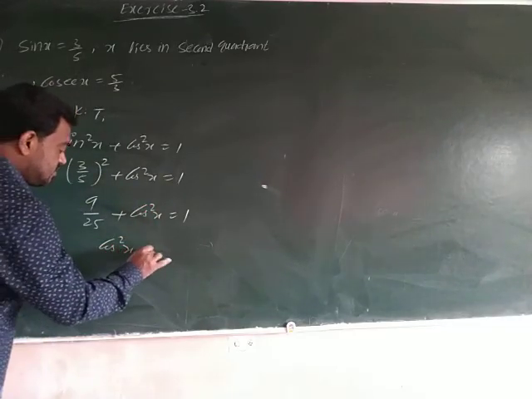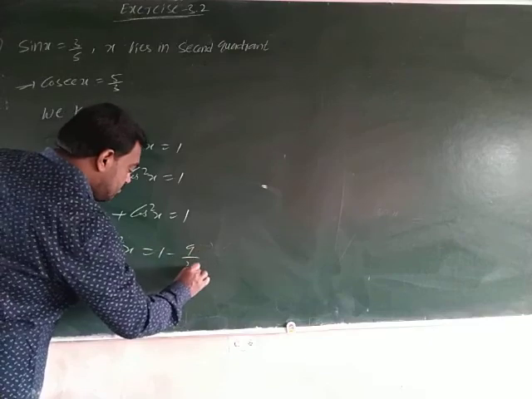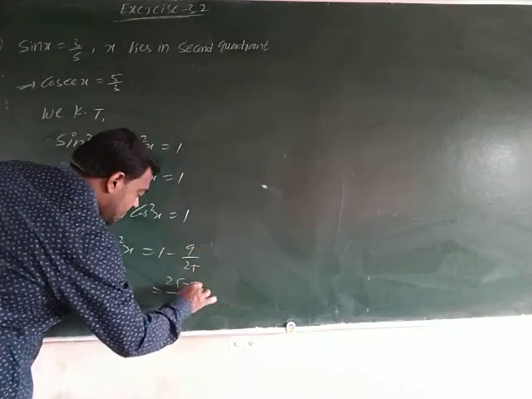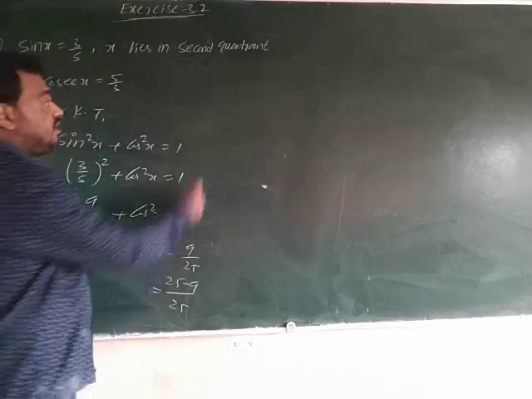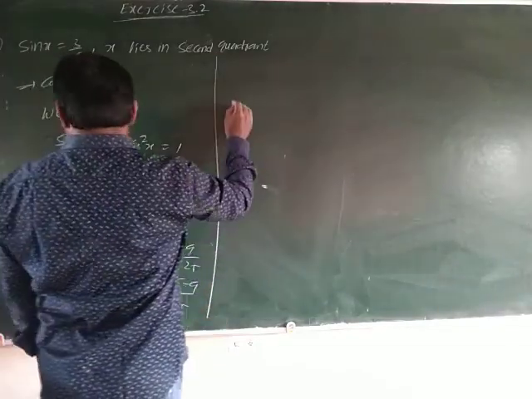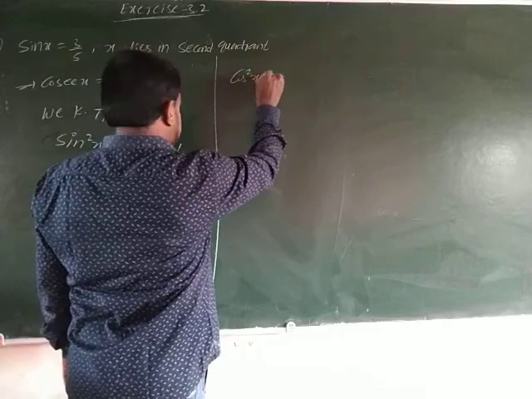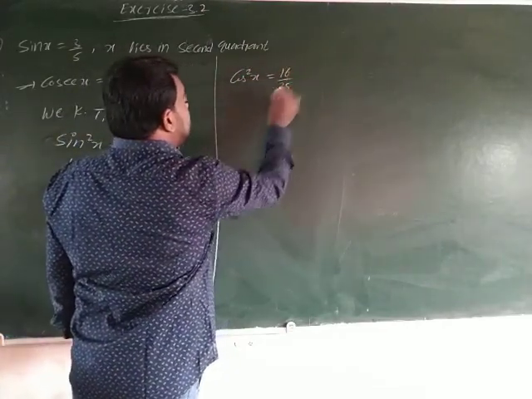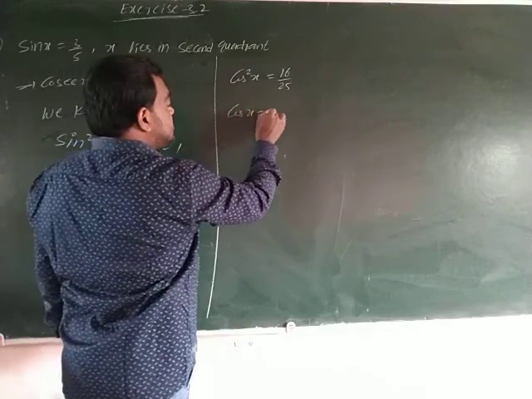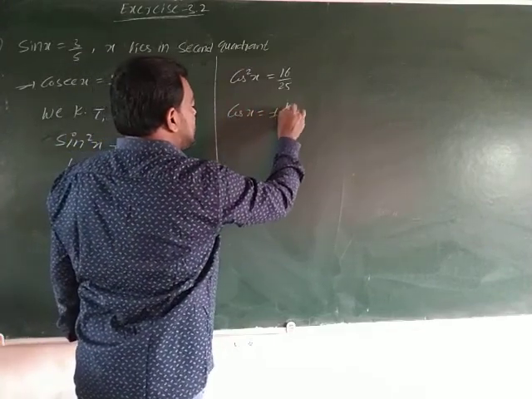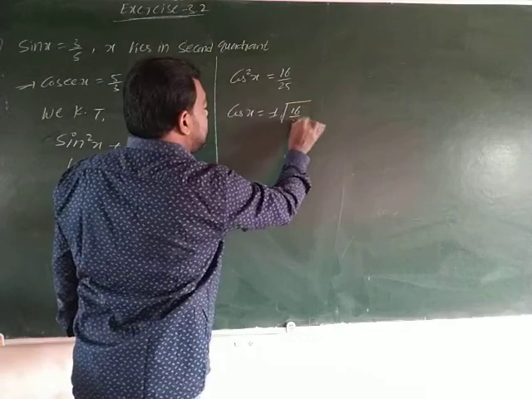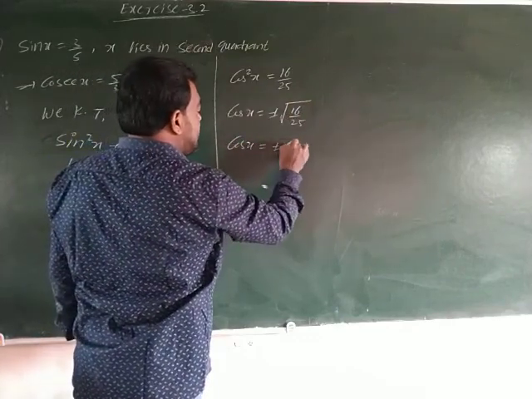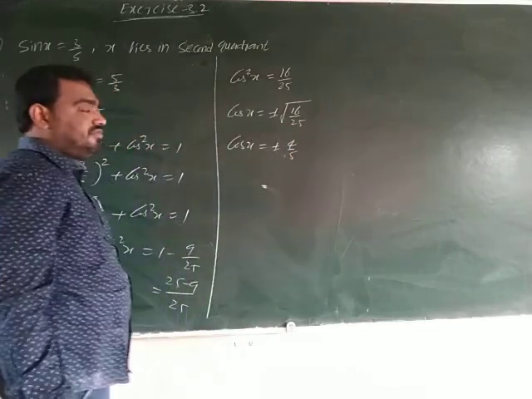Cos square x is equal to 1 minus 9 by 25. 25 is the LCM: 25 into 1, 25 minus 9. Then cos square x is equal to 16 by 25. Cos x is equal to plus or minus square root of 16 by 25, so cos x is equal to plus or minus 4 by 5.